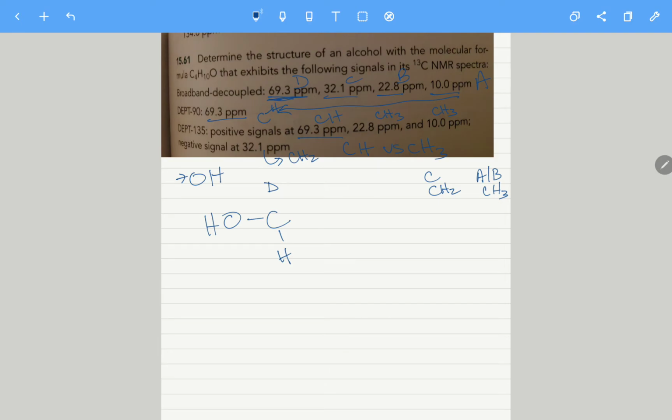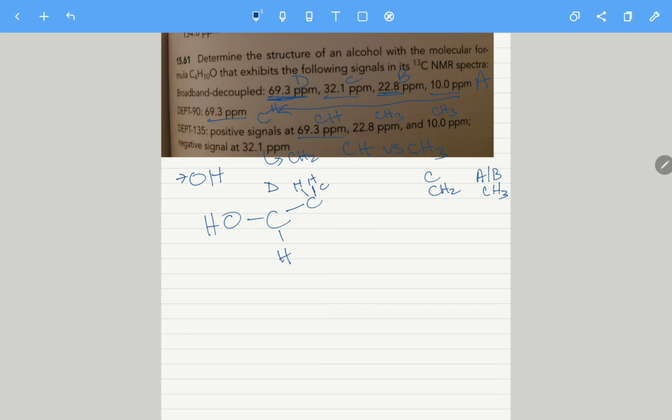So we know that, for instance, the CH2 has to have two things attached, but it's close to the alcohol. So I'm going to assume that I have a CH2 near to that alcohol. And that carbon D, which I'm going to label C, D still needs something on it.